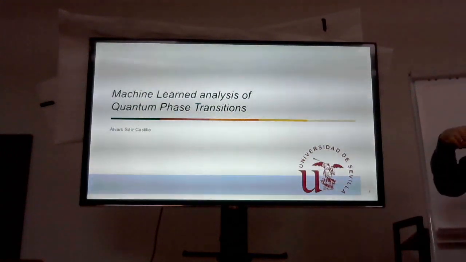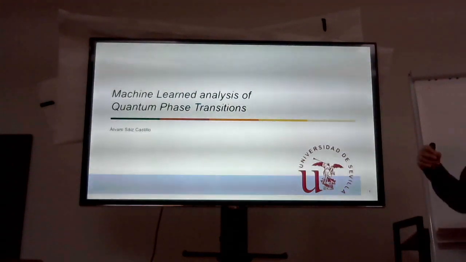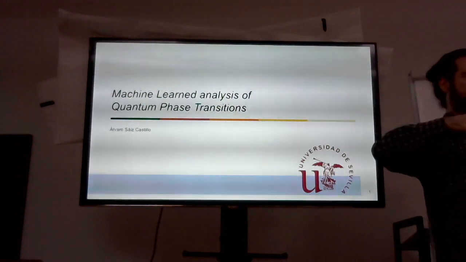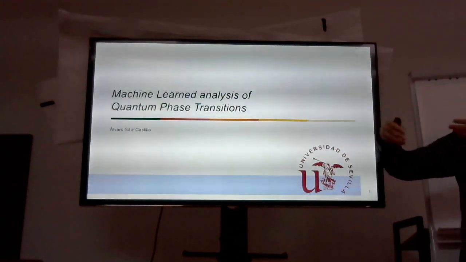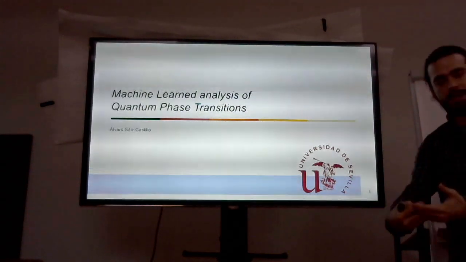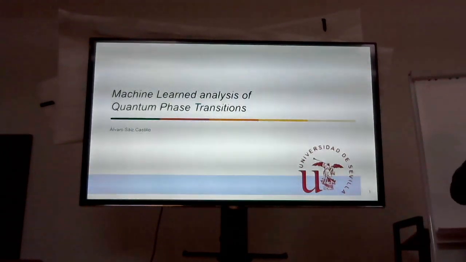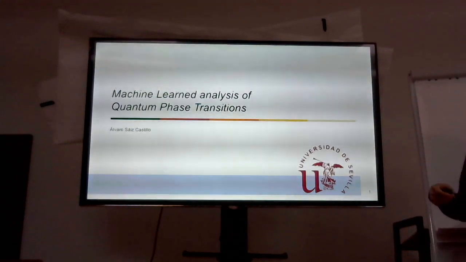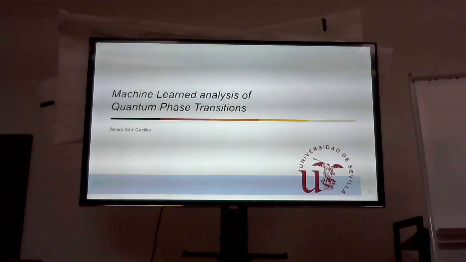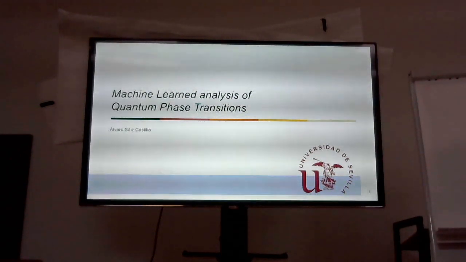As I said, this is a classical machine learning method, and it will be applied to a classically simulated quantum system, which, the next step that we want to do is actually put it in a quantum computer like the IBM or something. But for the moment, everything is classically simulated, and we are trying to study the quantum phase transitions of a quantum model, but using machine learning as a helper, let's say.